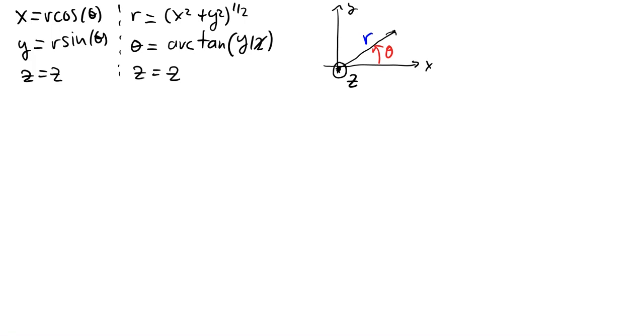Just as a quick reminder, the gradient in Cartesian coordinates is given by the expression. We shall first look at the partial derivative with respect to x in terms of the new variables. For this, we use the chain rule.